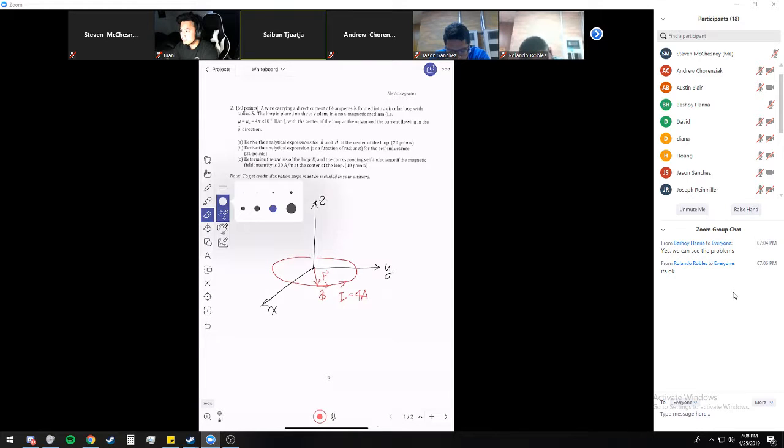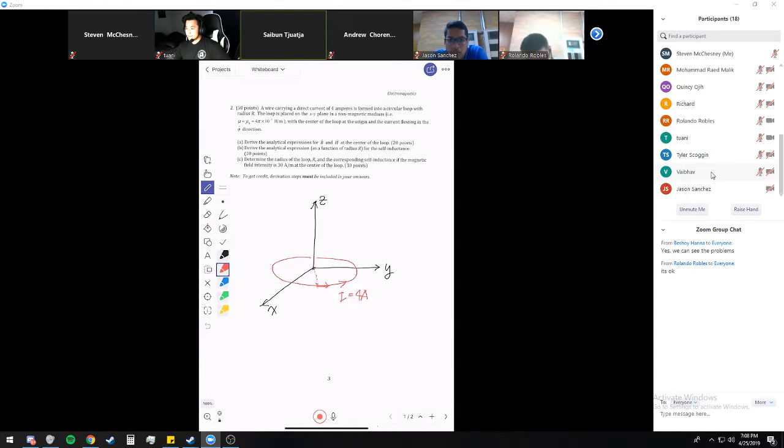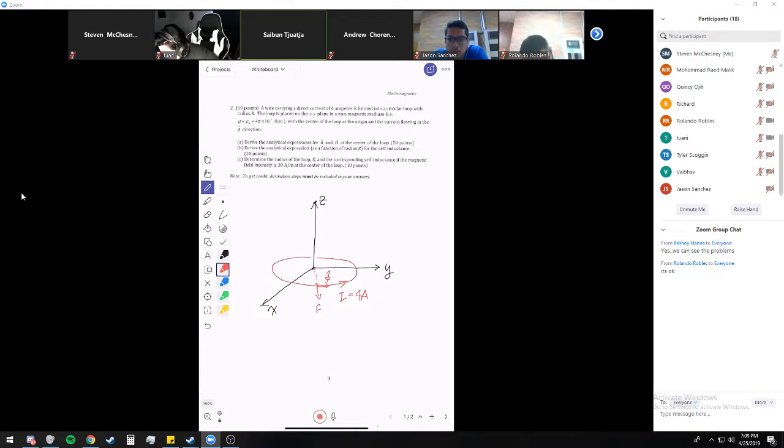The unit vector in this direction is the R hat, so let me draw the unit vector here. You can imagine it coming from here. This is R hat. This unit vector is called phi hat, right? Any questions?